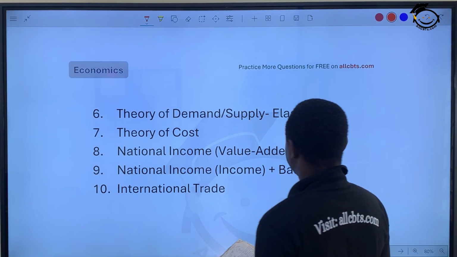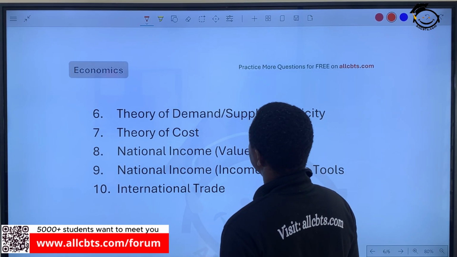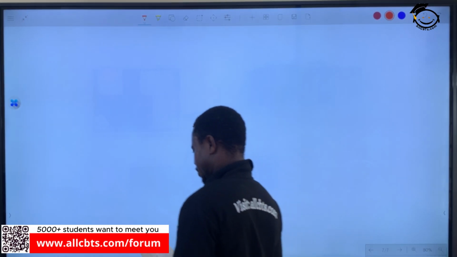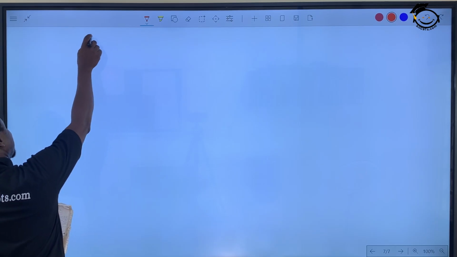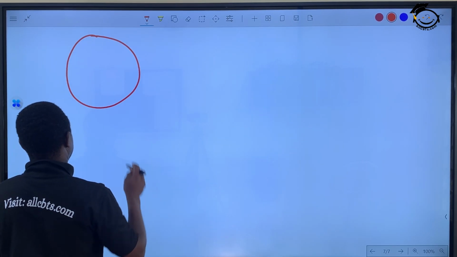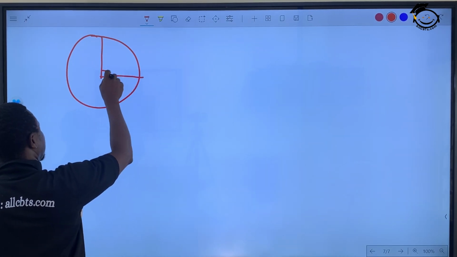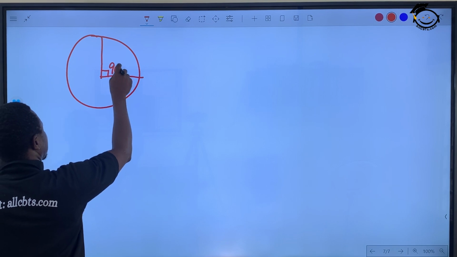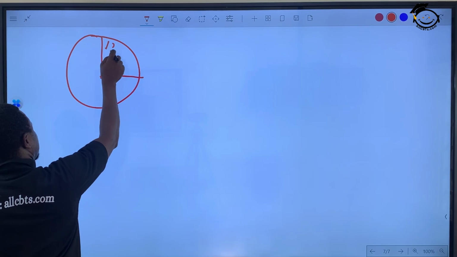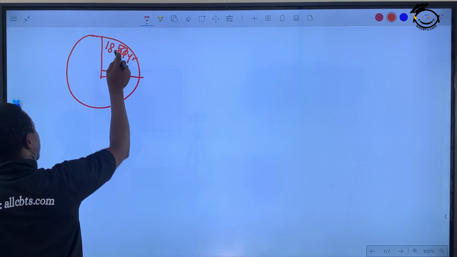Okay, this is a population question. I need a plain sheet now. Okay, so like I said, this is a pie chart. This is a right angle triangle, 90 degrees. It represents a population question, 18 to 54 years, 18 to 54.